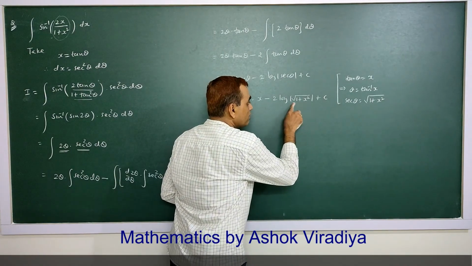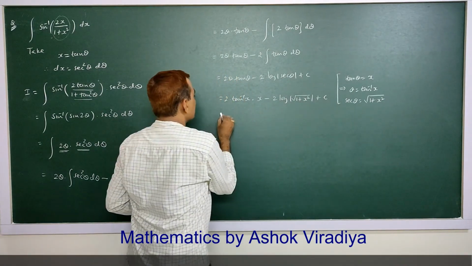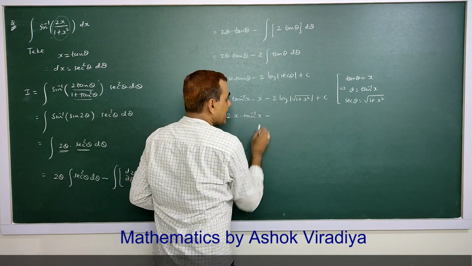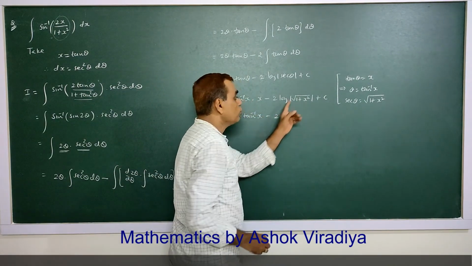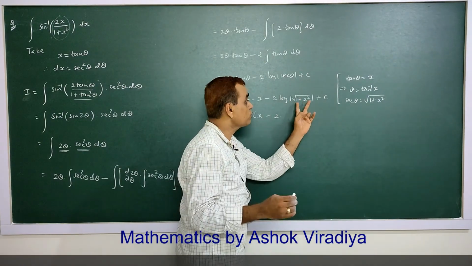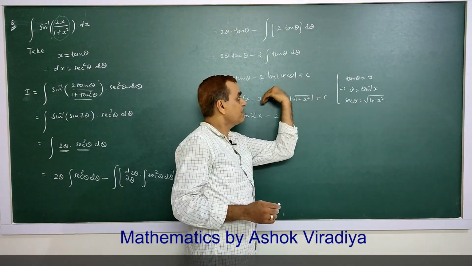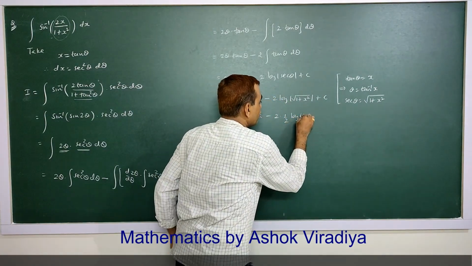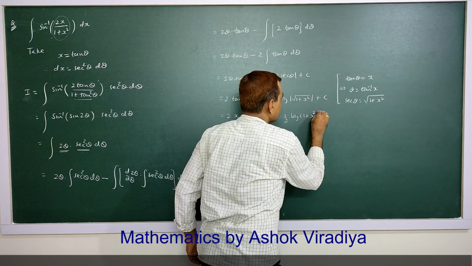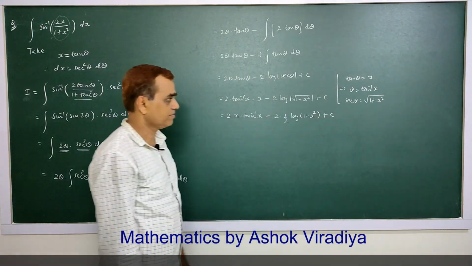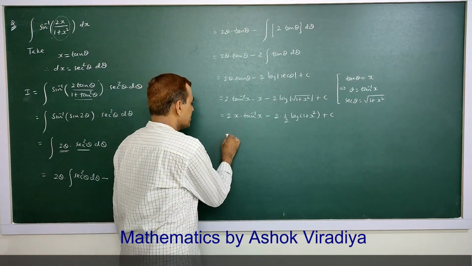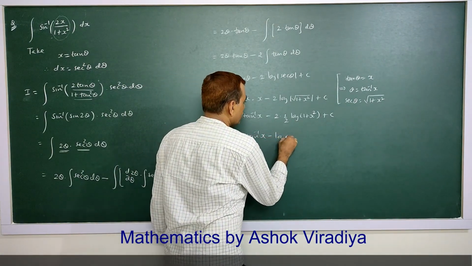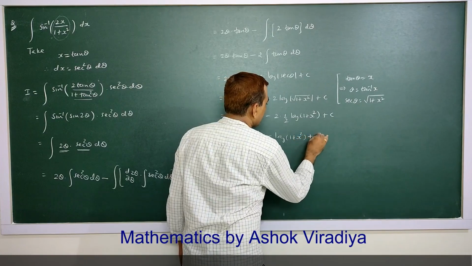Now square root is always positive. So 2 into x into tan inverse x minus 2 into, now root 1 plus x square is (1 plus x square) to the power half. So half taking down, 2 into half log 1 plus x square plus c. So it is 2x tan inverse x minus log (1 plus x square) plus c.